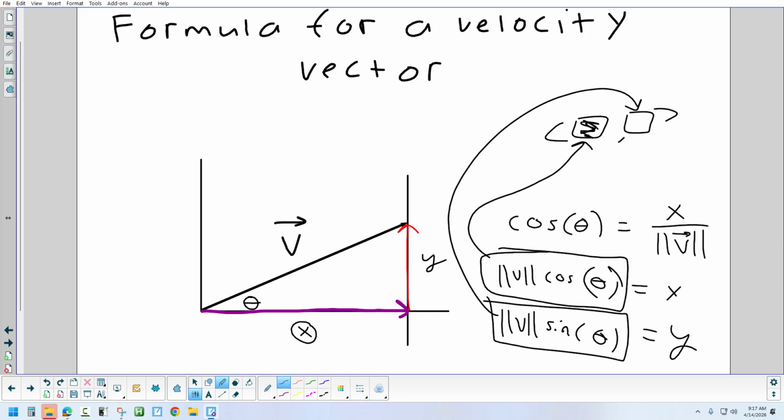That is the formula for a velocity vector. I'll write that down a little nicely on the next page, but those are the formulas for the two components. A number times cosine will always give you a horizontal component. A number times sine always gives you a vertical component.